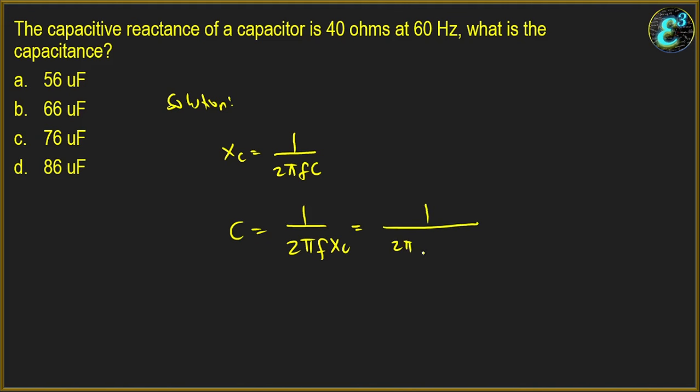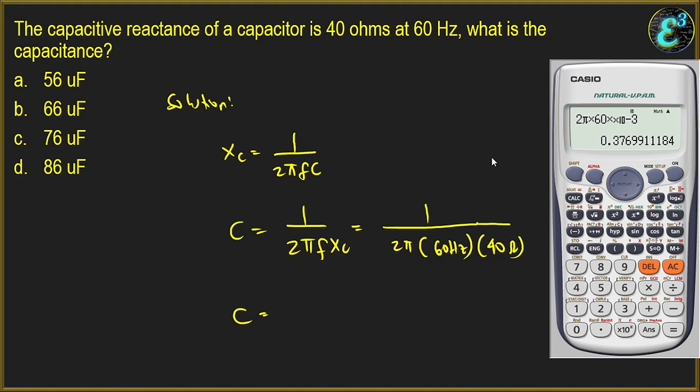So we have 2 pi times 60 Hz, that is our frequency, times 40 ohms.